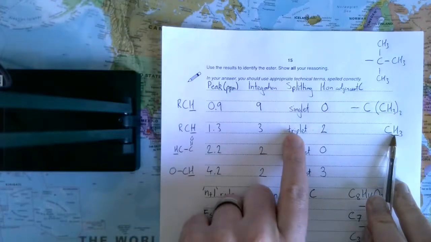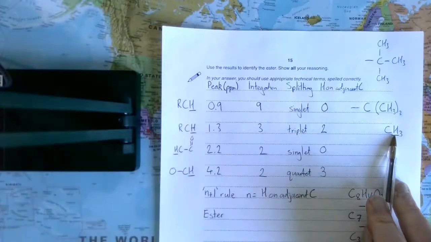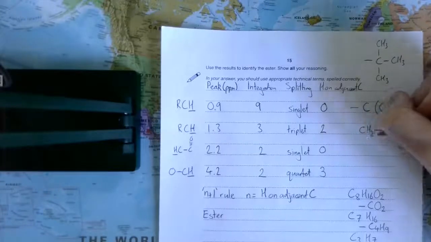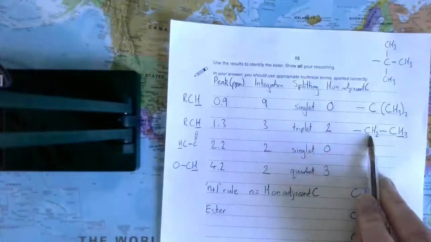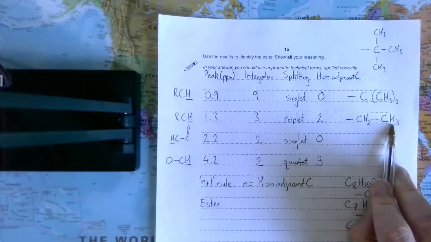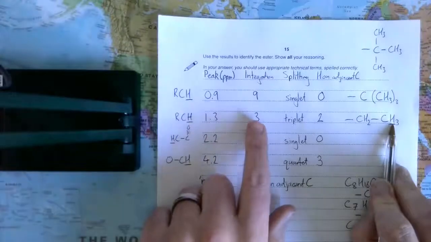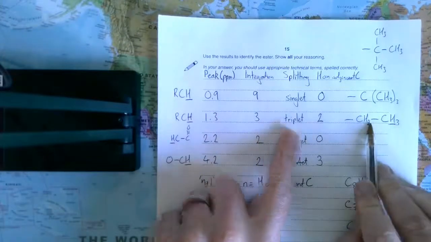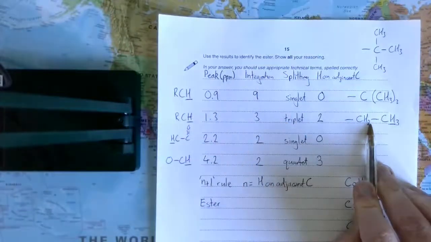It's a triplet, which we've already said means it's adjacent to a carbon with 2 hydrogens. So it's adjacent to that. So you see here we've got the CH3, the 3 hydrogens giving the integration of 3 being split because they're next to 2, n plus 1 makes it a triplet.